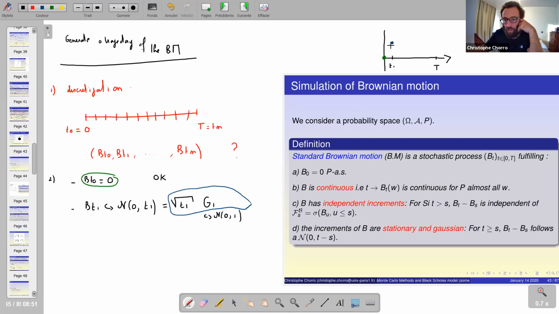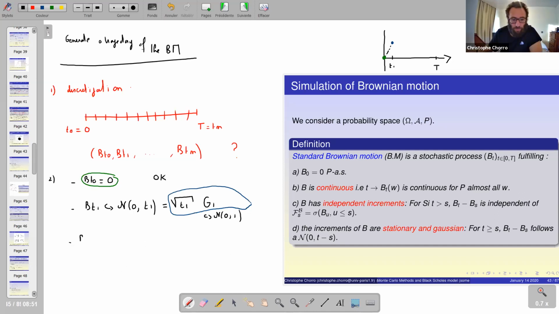That is, between these 2 points, I use this line here as an approximation of the Brownian motion on 0, T1. So I approximate the random vector and then I build the piecewise linear approximation that is related to this random vector.